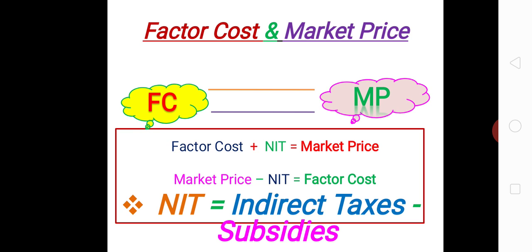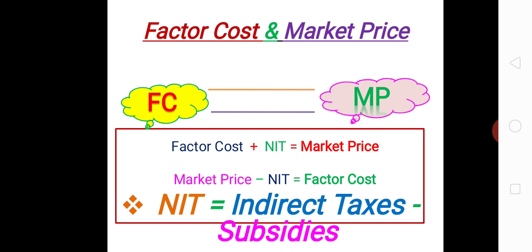So if GDP MP is given and you have to find GDP FC, then GDP MP minus NIT is equal to GDP FC, or GDP MP minus IT plus subsidy is equal to GDP FC.